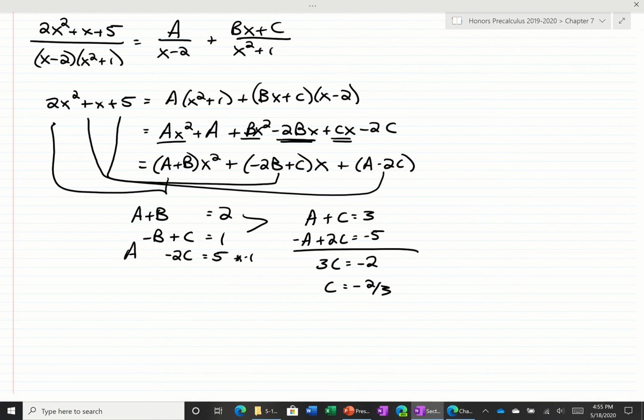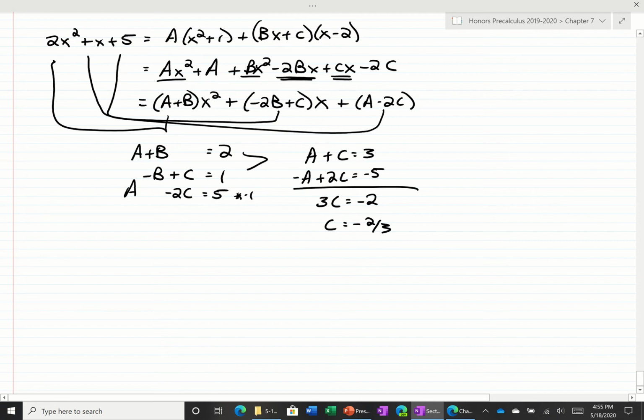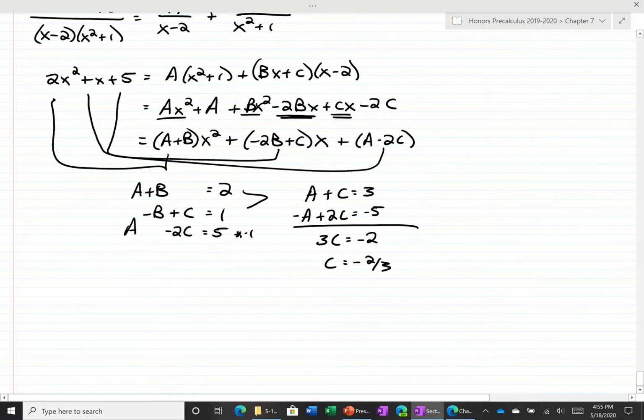And let me just check here. Alright, we'll keep going here. Just make sure I did that right. A plus b is 2. Negative 2b plus c is equal to 1.